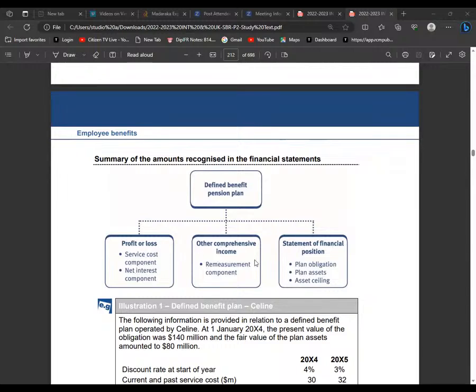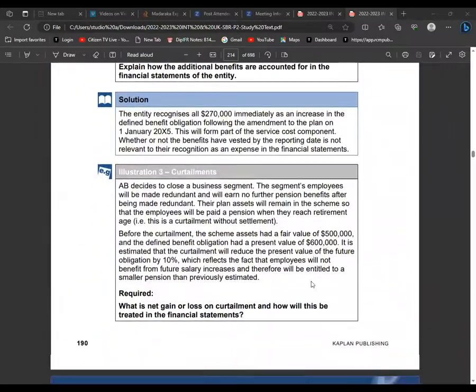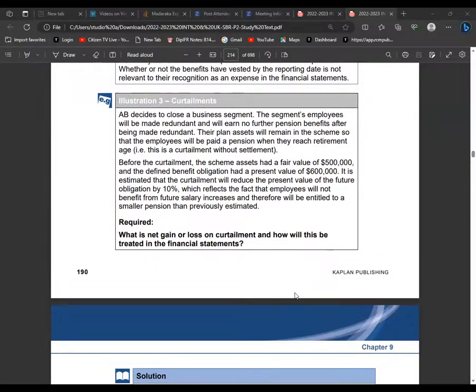Then we have other comprehensive income, where you take the remeasurement component, which is the actuarial gain. And then we have the statement of financial position: the plan assets, the plan obligation, or the net of it. And then we have what we call the asset ceiling. I have to explain what asset ceiling is later after I finish tackling this curtailment. We'll understand by doing this question.